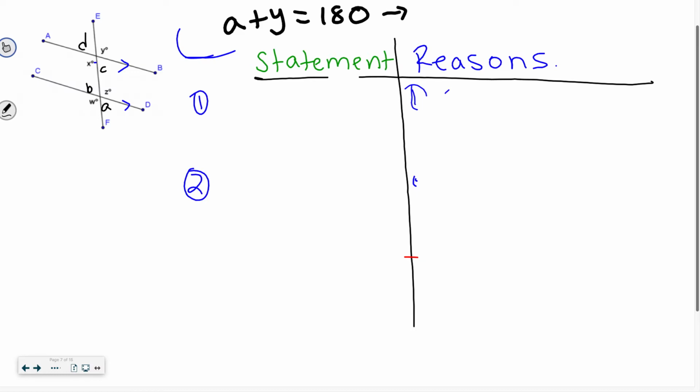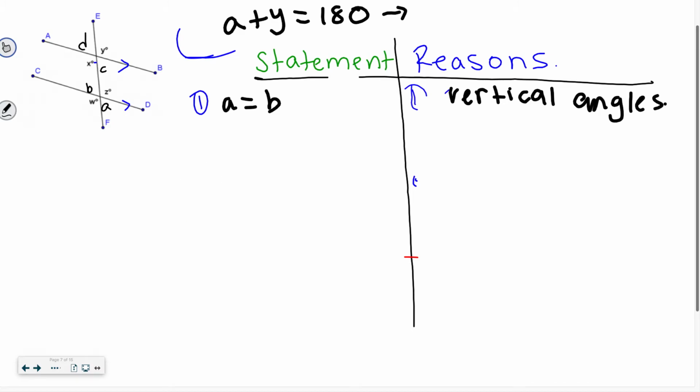First, I know that A is equal to B. Why do I know that? Well, we just did it. We said these are vertical angles. What else do I know?